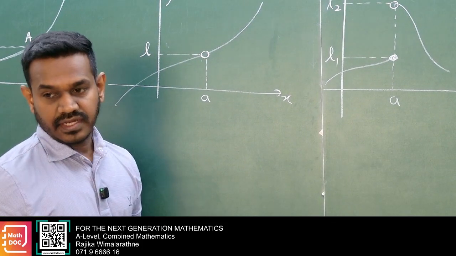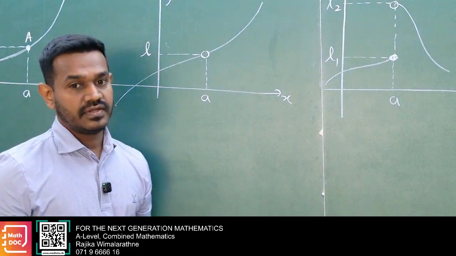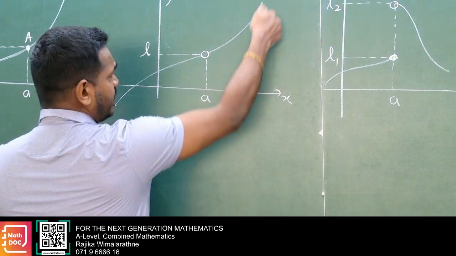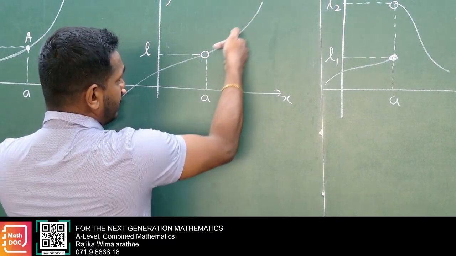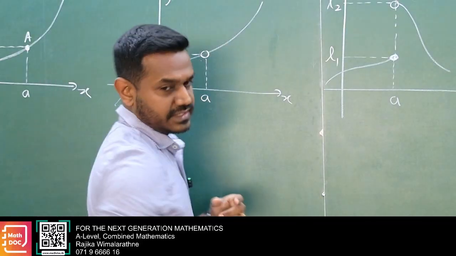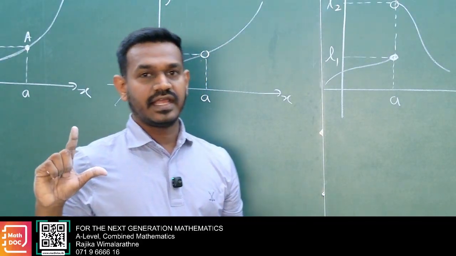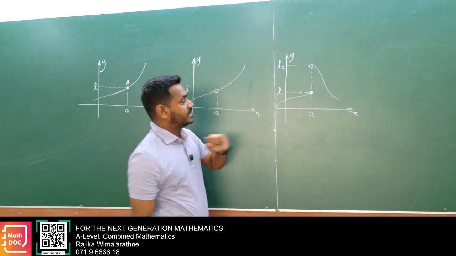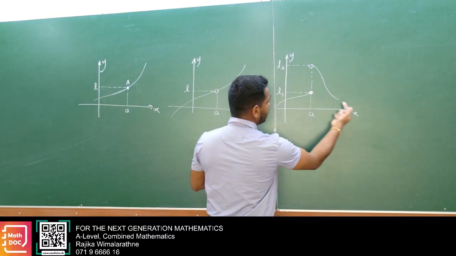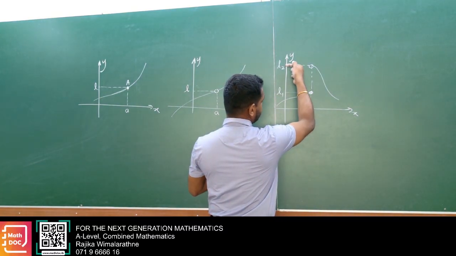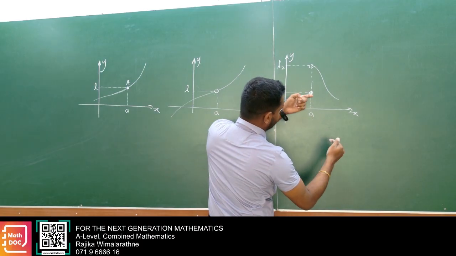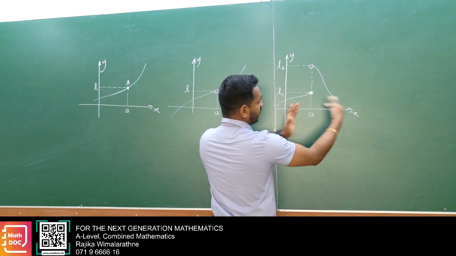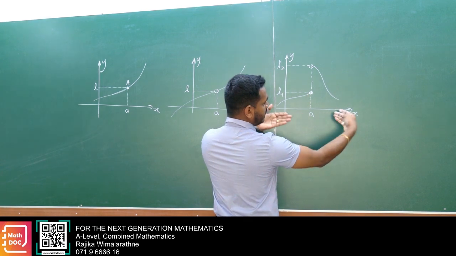Now further. Here the right hand limit and left hand limit are the same. For this case, the right hand limit is one thing, the left hand limit is another thing, and again it is not continuous at this point. Left hand, right hand limit different.